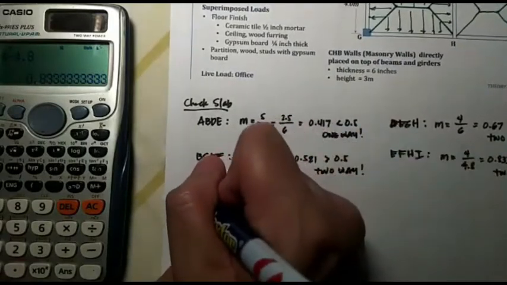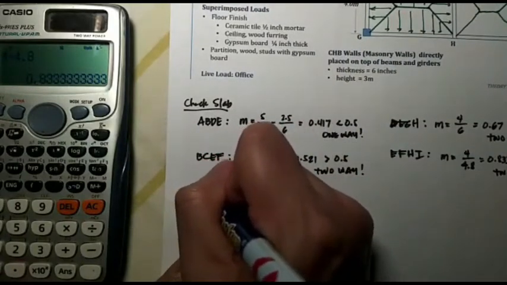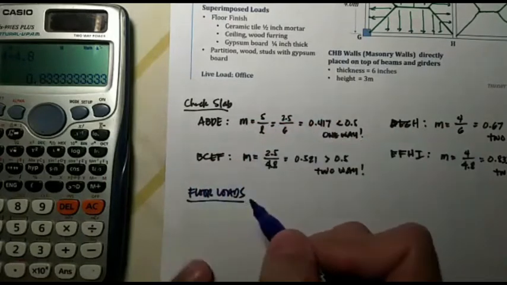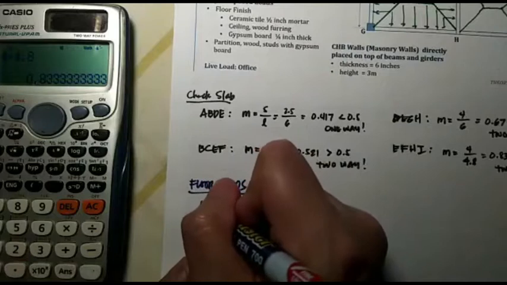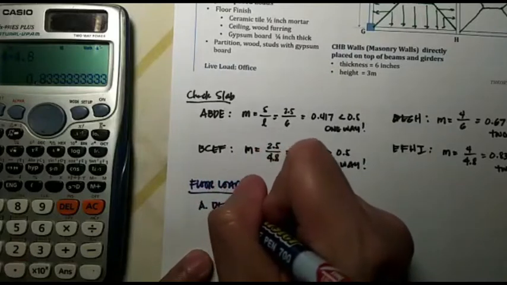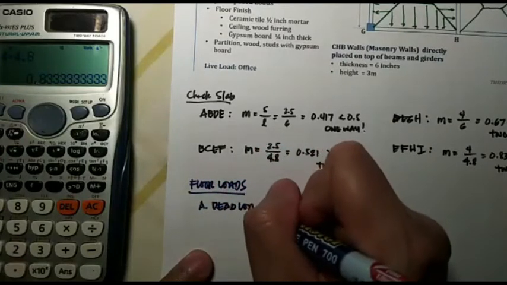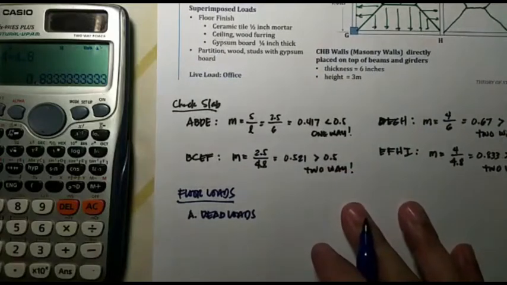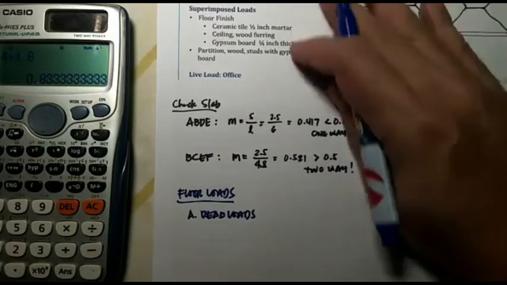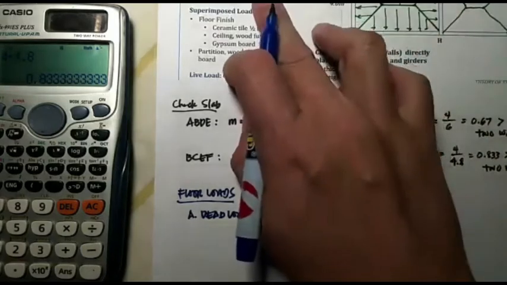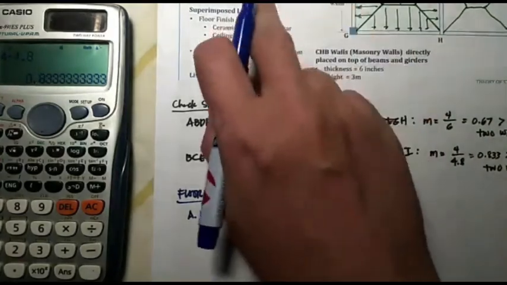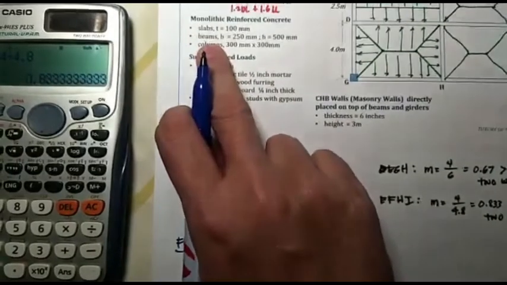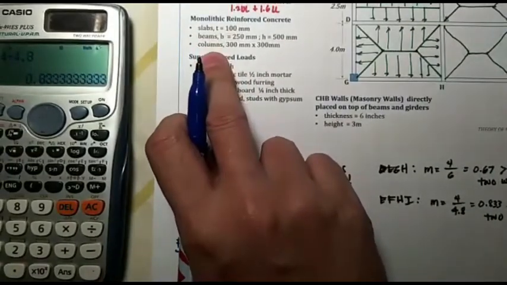Floor loads rather. So, what are the floor loads? Okay, so the floor loads would be divided to, una, syempre, would be the dead loads. Basically, yung mga dead loads will be coming from the self-weight or yung mga materials on top of the slab. Okay, so these are the dead loads for the slab, beams, and columns.